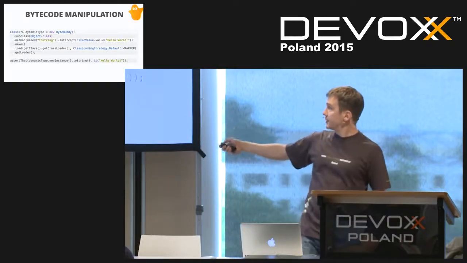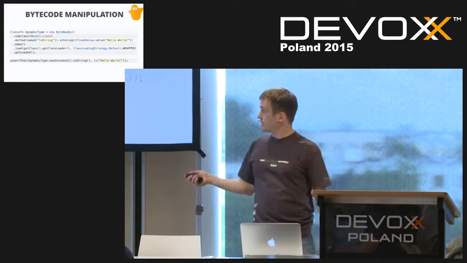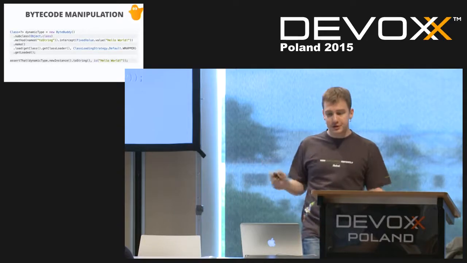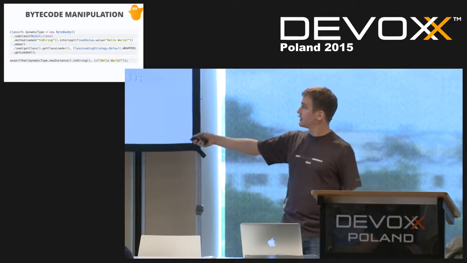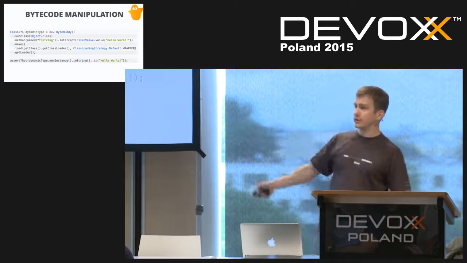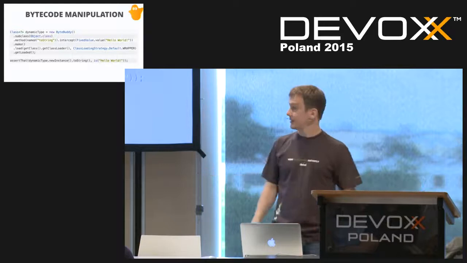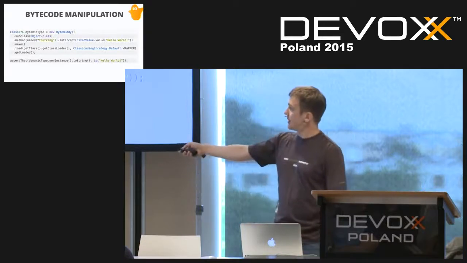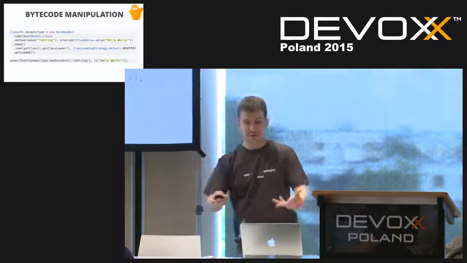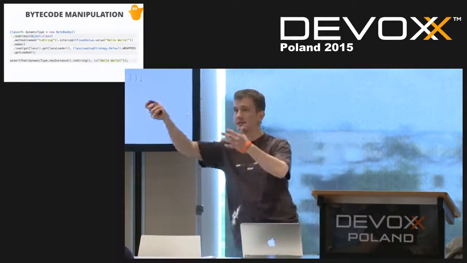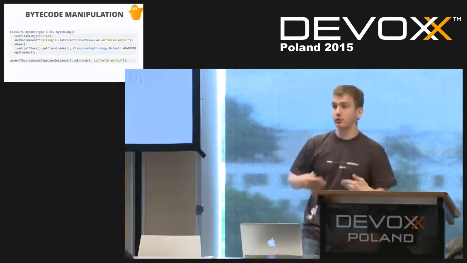So what we have here: we say we want a new dynamic type, let it extend from Object, and let's intercept the method toString and return the value "Hello World" whenever we need that. Then you just have a bunch of default instructions to convert this ByteBuddy class interpretation into the actual bytecode that will be loaded.